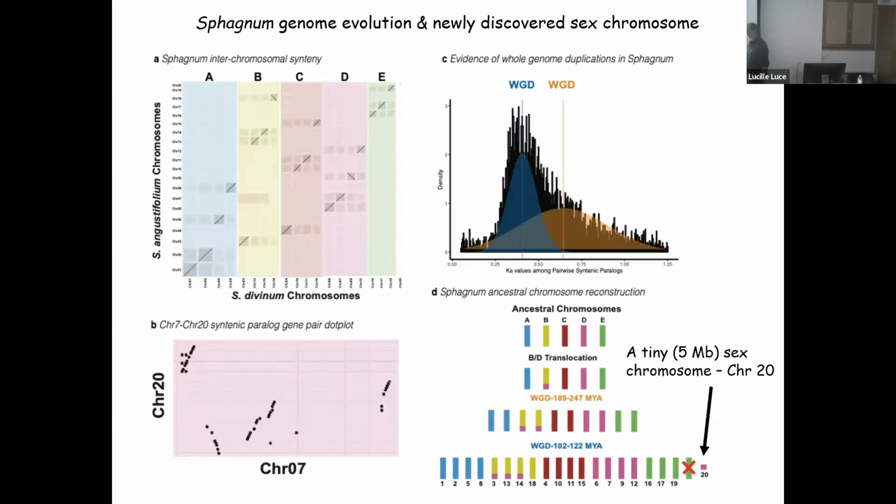The other thing that we discovered with this Genome Project was a previously unknown, very small sex chromosome, chromosome 20. Through synteny comparisons, we were able to demonstrate that that sex chromosome, chromosome 20, is a modified or reduced version of chromosome 7. So we were able to pursue that.